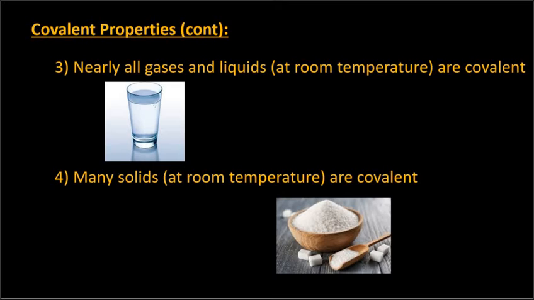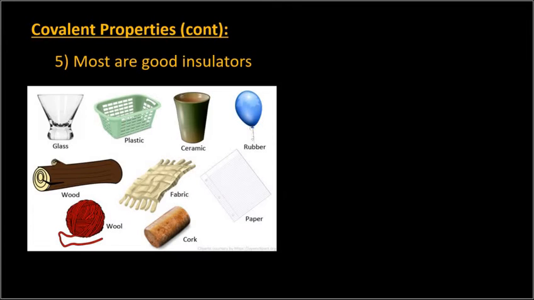One of the things that's very important to tell about covalent things is that they are good insulators. If you think about most of the things that are insulated, whether you think about insulation in your roof, which is made out of glass, whether you think about the insulation around wires, that's plastic, for shoes, that's rubber.